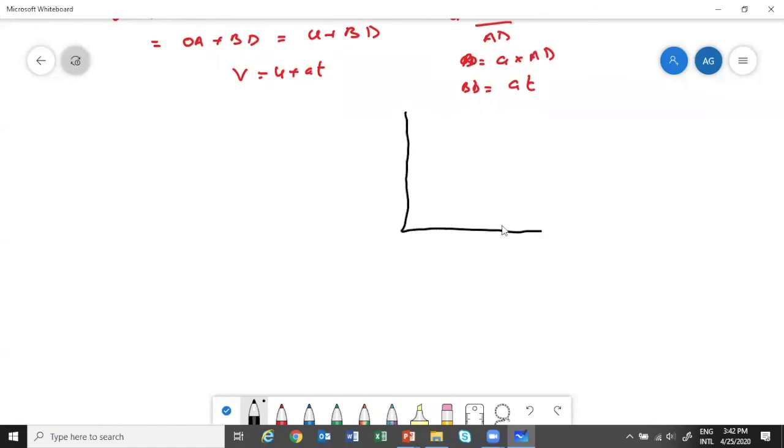This is a graph. Here we take V as velocity and T as time, and U is not zero.